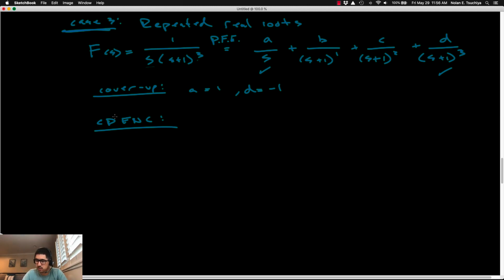So I'm calling it CDENC, or some of my students have referred to this as CDENC in the past. It seems to stick. I kind of like it. CDENC refers to a procedure, and it sort of takes you through the steps to use to find B and C, these intermediate coefficients. And it's basically a two-step process.